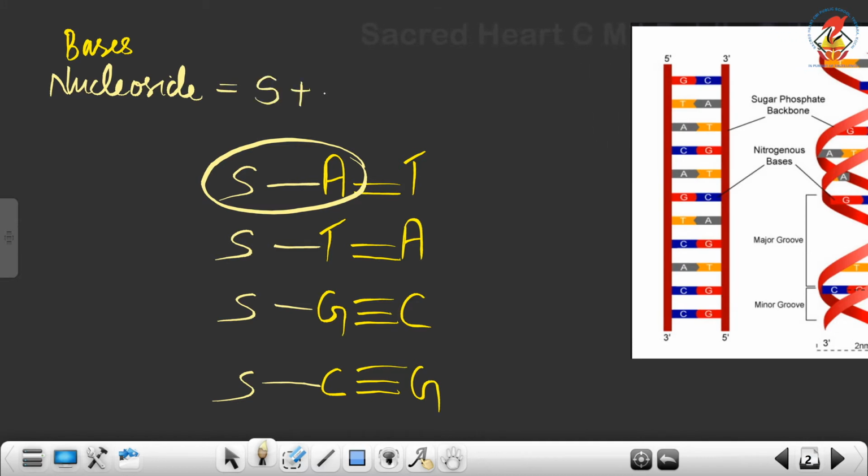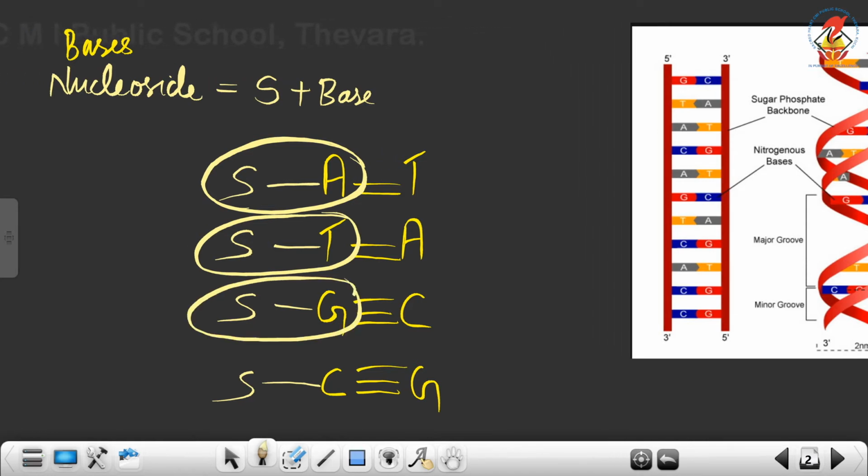Nucleoside is sugar plus base. So we see this nucleoside which has adenine and sugar, the second nucleoside which has thymine and sugar, the third which has guanine and sugar, the fourth nucleoside which has cytosine with sugar. It's a nucleoside.